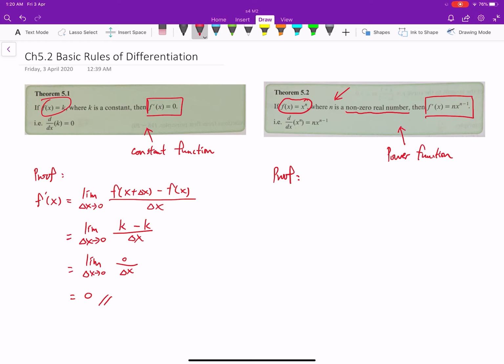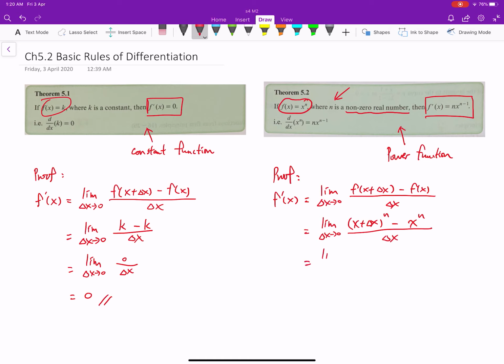So let's start with the proof. Again we will get this limit, and then we put in the function, so we get (x plus delta x) to the power n minus x to the power n.